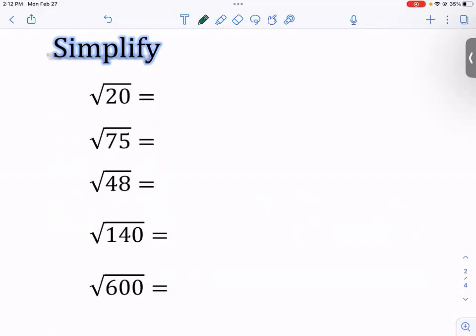Yeah, we're multiplying, not adding. I also figured out how to do this.